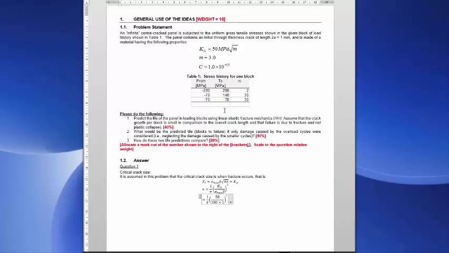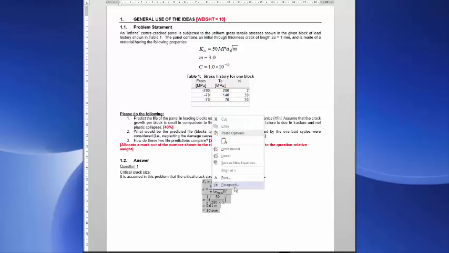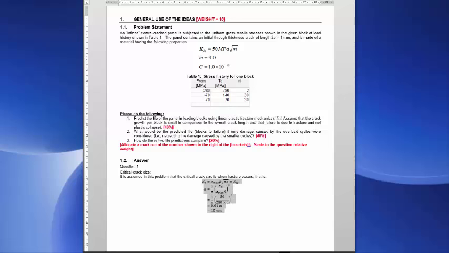I'm going to calculate that in Matlab, and I found that the answer is 0.01 meter, or equal to 10 millimeter. So that is the critical crack size that we have for this problem.